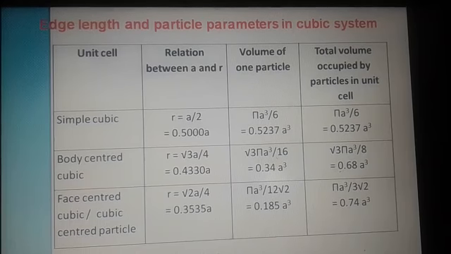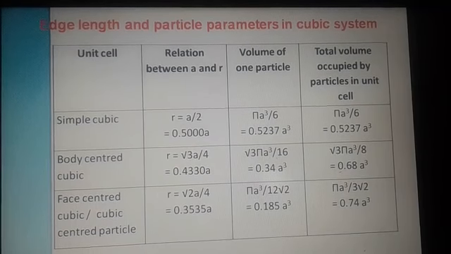First of all, we will see in simple cubic cell. In that cell, there is a relationship between radius and edge length, that is R is equal to A by 2. And here if we know the value of A, that is edge length, and we multiply it by 0.5, then we can determine the value of R. Now in a similar case, if we want to determine the volume of one particle in simple cubic cell, we use the formula pi A cube by 6.